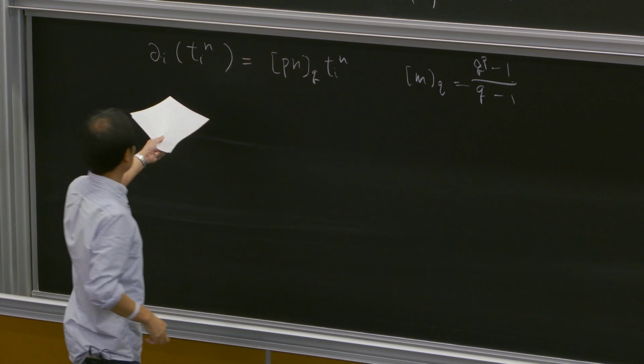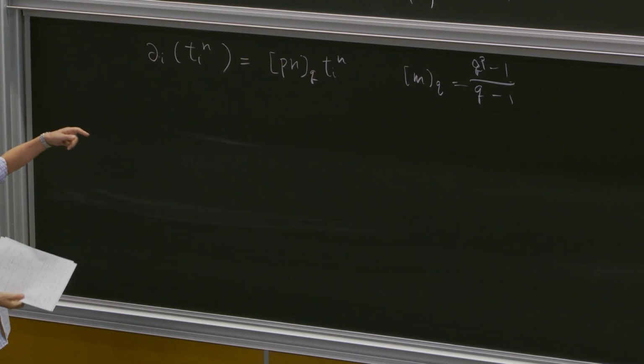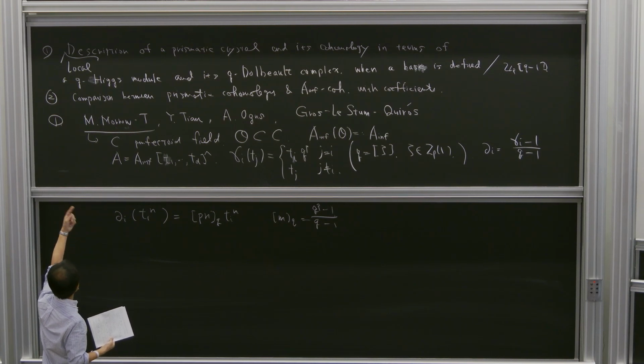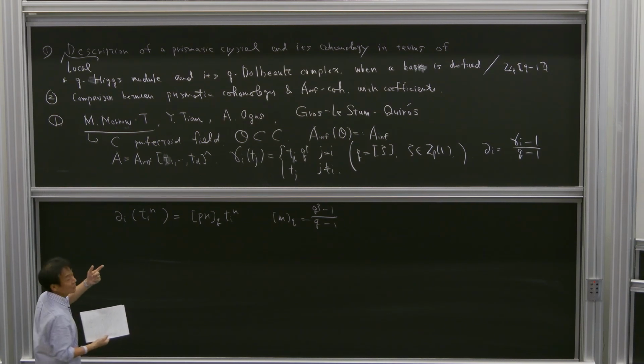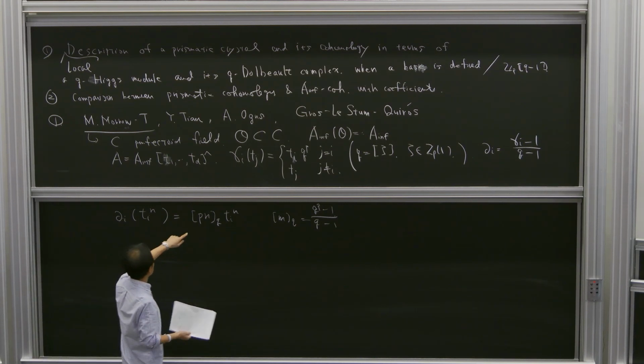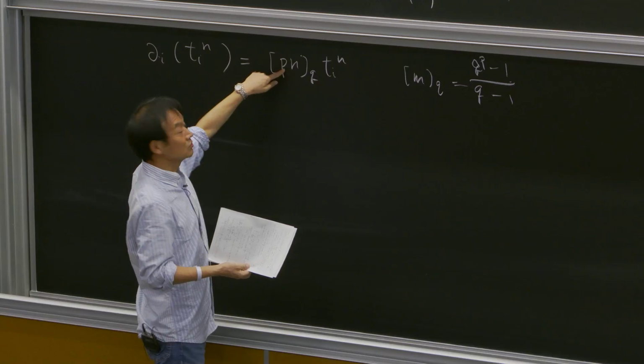So in some sense, a q-Higgs module is actually a q-deformation of a p-connection, and so here multiplication by p appears.